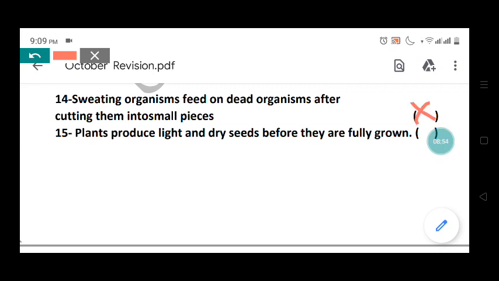Okay. Plants produce light and dry seeds before they are fully grown. Of course, no. Okay.